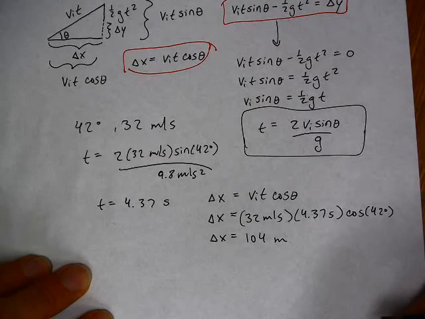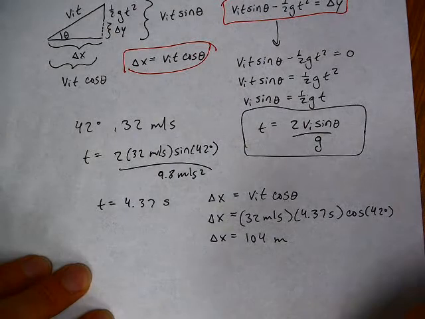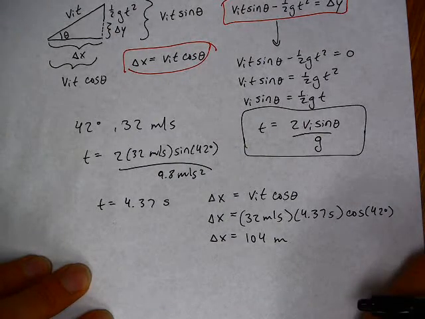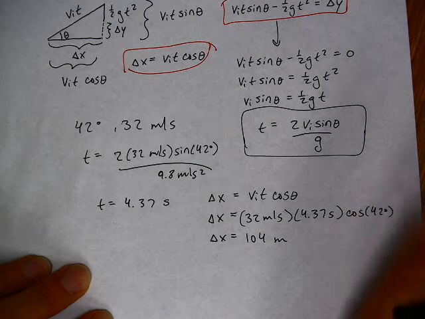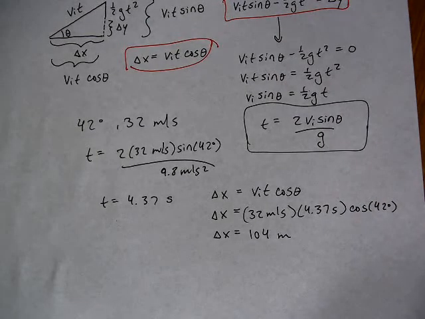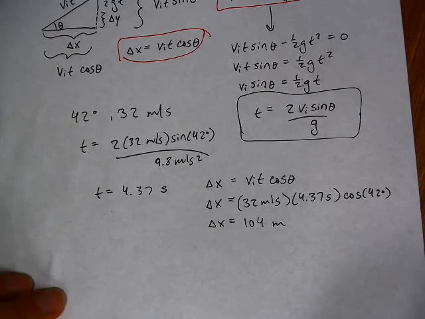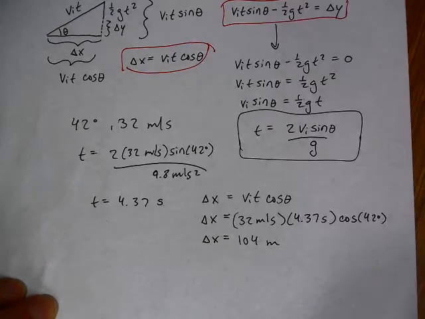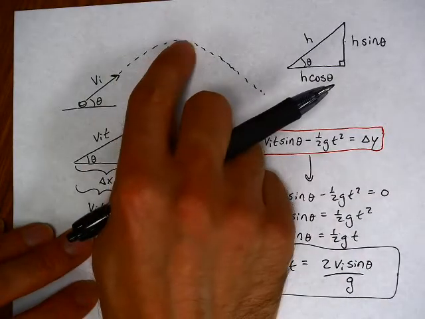It does not go 32 meters per second the entire time. It starts at 32. I want to clarify that. And its speed changes as it's moving. I might ask you, at what point, after how much time does it reach the maximum height?